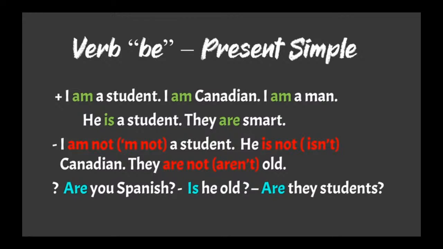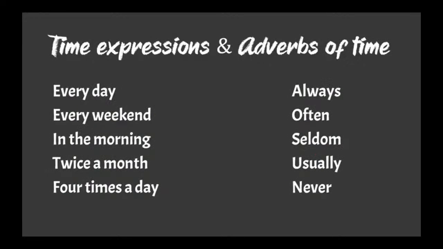So what about a question? Well, in a question we just have to invert the subject and the verb to be in this case. So, are you Spanish? Is he old? Are they students? So that's the present simple for the verb to be.